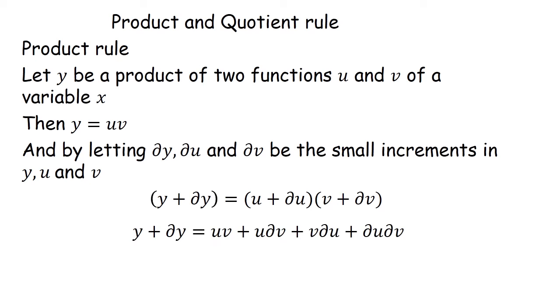When we open brackets, this would be uv, u change in v, then v change in u, then change in u change in v. But remember, uv is equal to y, so these two would cancel out. Then we remain with u change in v plus v change in u, plus change in u change in v.